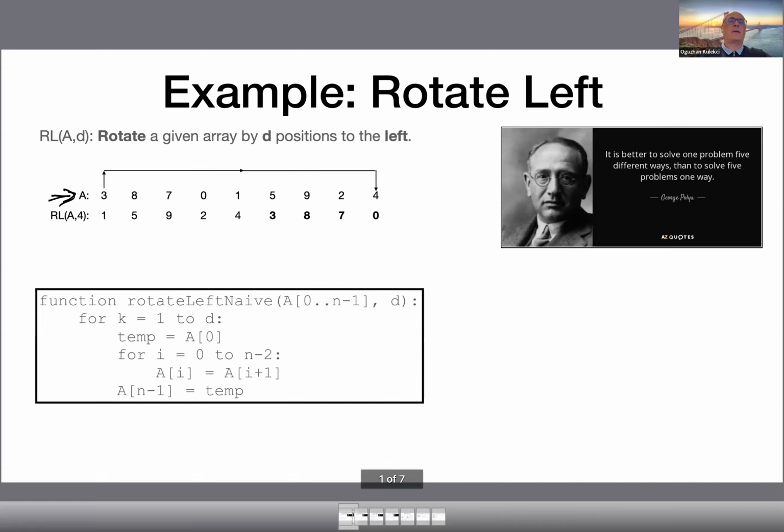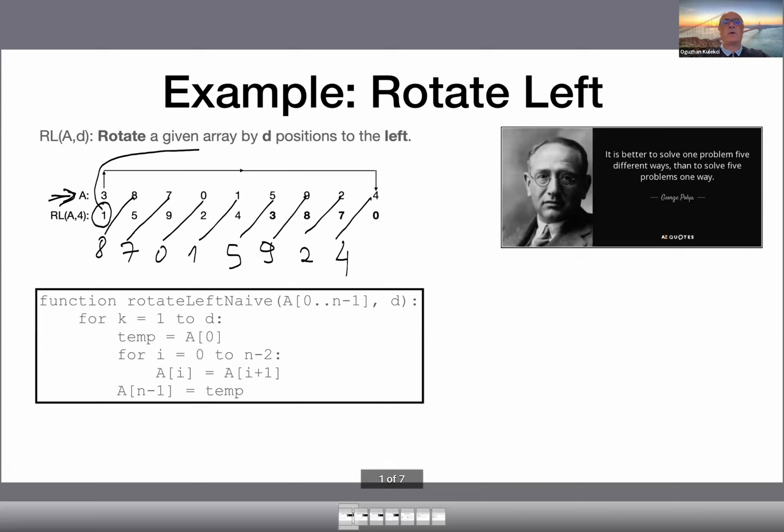That means that 8 will come here, 7 will come here, 0 will come here, 1, 5, 9, 2, and this is 4. And what will happen to this element, the first element? It will go back and will be inserted here. So that's the rotate left operation.